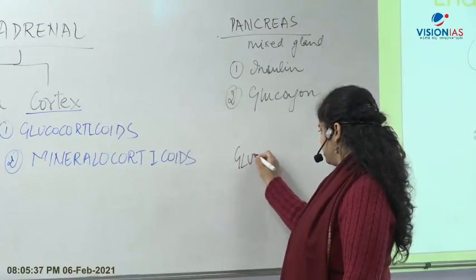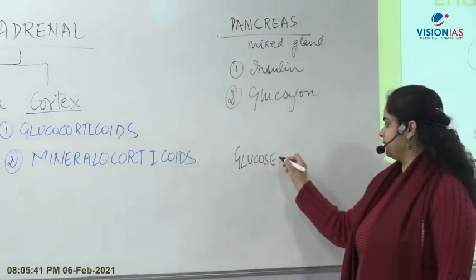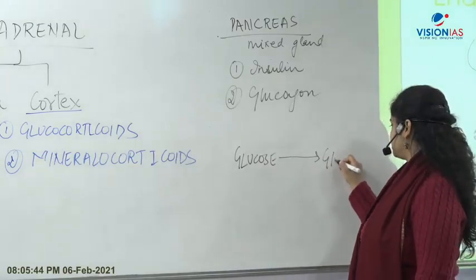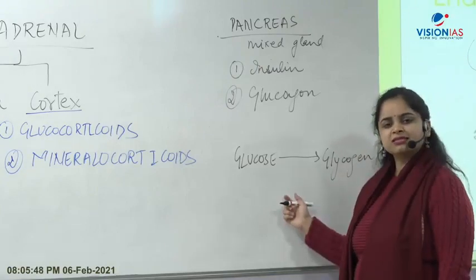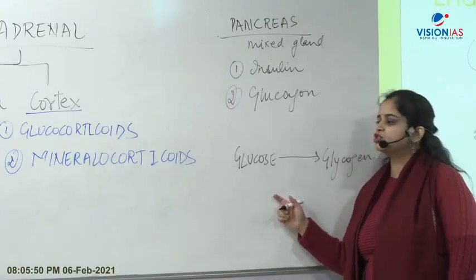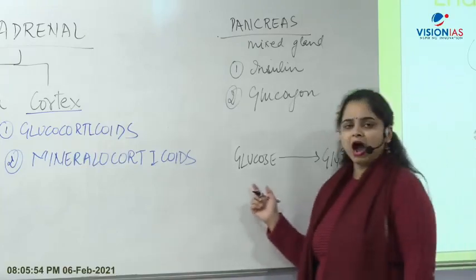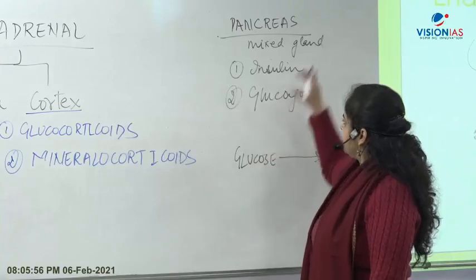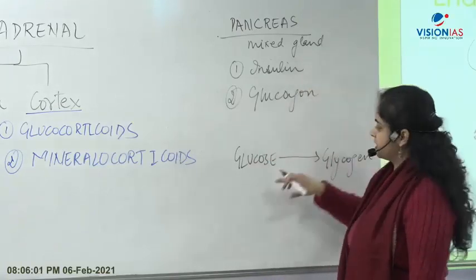So you have glucose. When this glucose is extra, it is changed into glycogen. I hope you remember this, that all extra glucose is stored in the body in the form of glycogen. So how this works is, insulin is the hormone which is going to help in this.